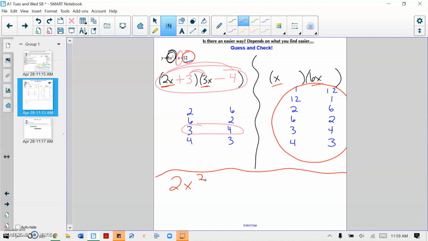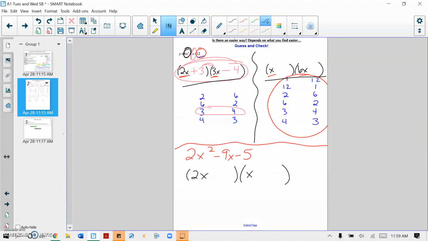Would be something like this guy. This would be a great example of guess and check because your only option is one of your parentheses is 2x, the other one is x. There's not multiple options like there was up here at the top. The other nice part is with that 5 at the end, either it's 1 and 5 or 5 and 1. Those are your choices, right?